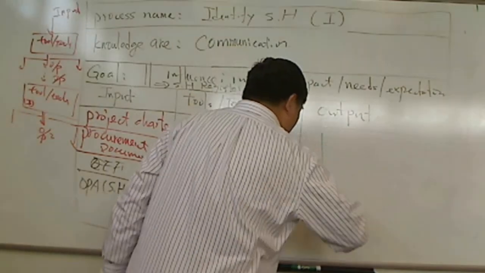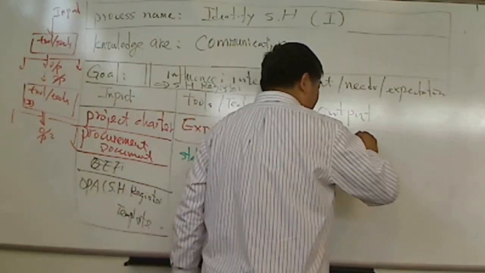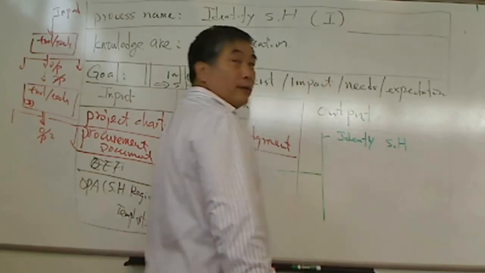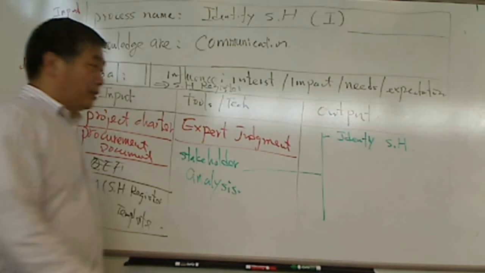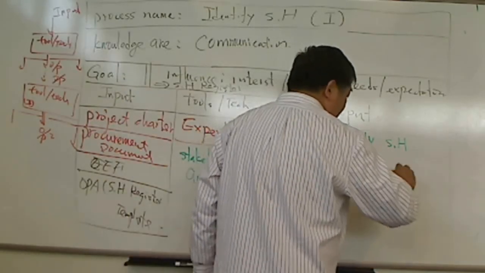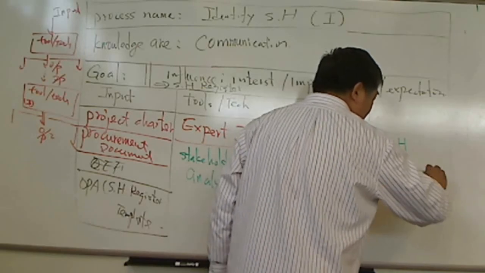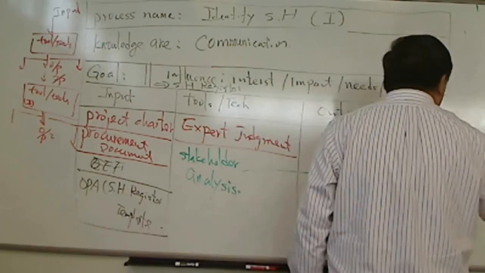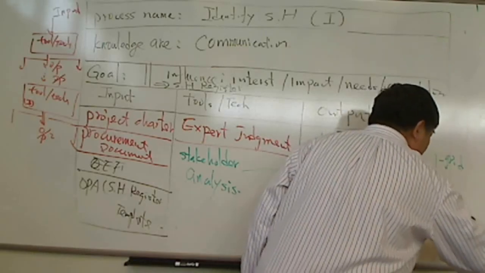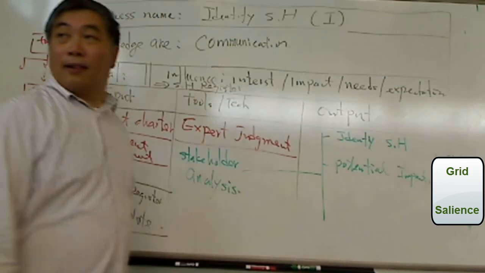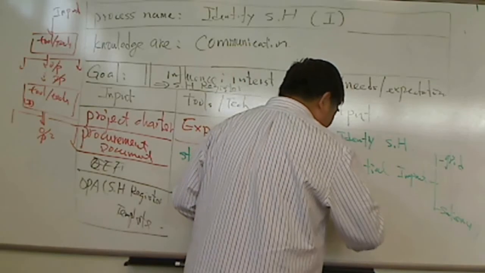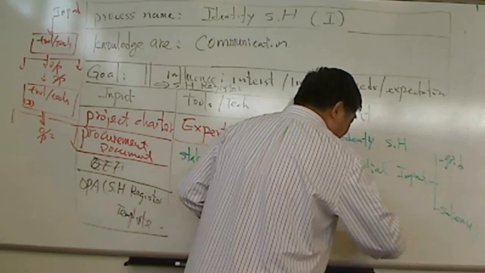With this one, you have identified stakeholders, right? Their potential impact, right? Using agreed and silence, right? And the last one is likely actions, right?